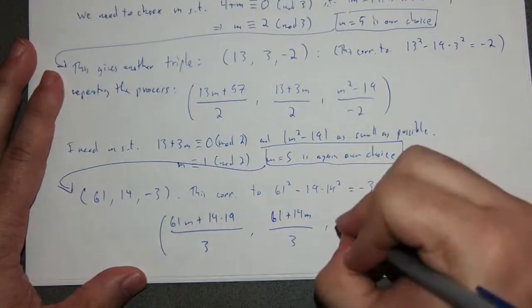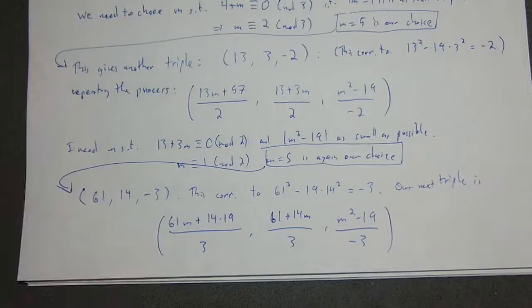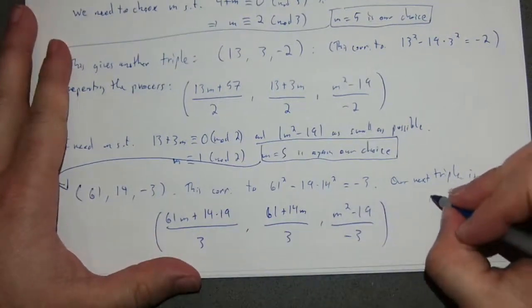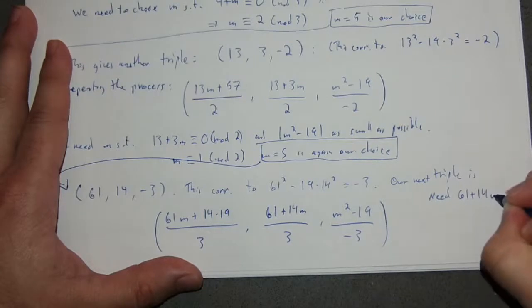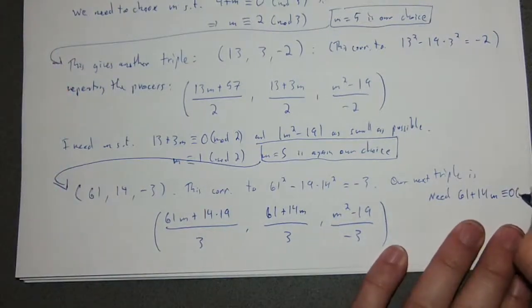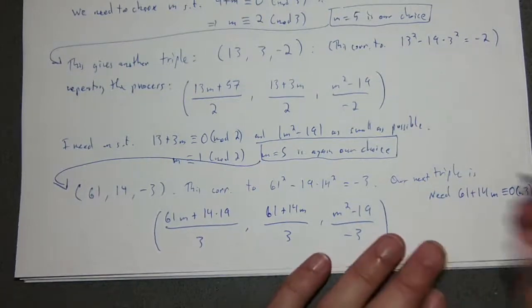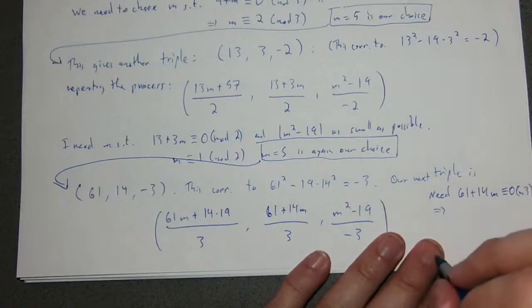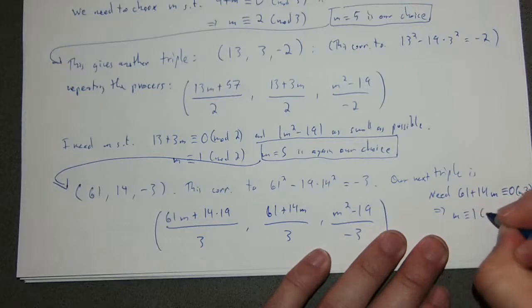And lastly, this is m squared minus 19 over minus 3. Okay. So I need 61 plus 14m to be 0 mod 3. Okay, so I need this to be 0 mod 3, i.e. I need m to be 1 mod 3.